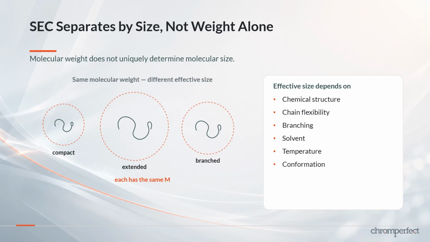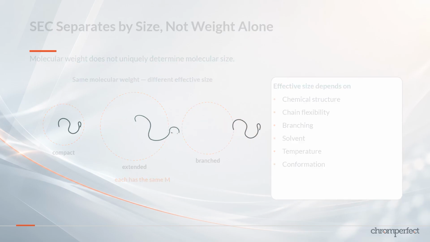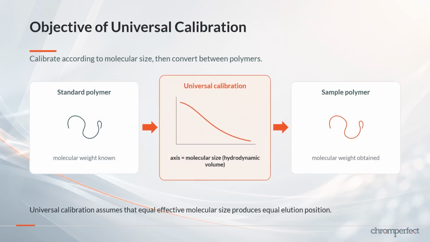If the relationship between molecular weight and molecular size is known for both the calibration polymer and the sample polymer, a column can be calibrated using one polymer and the results converted for another. The objective of universal calibration is to construct a calibration relationship based on molecular size rather than on the molecular weight of one particular polymer.